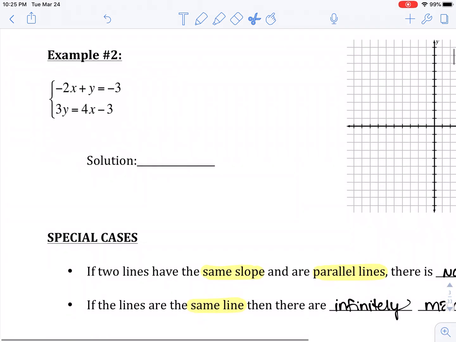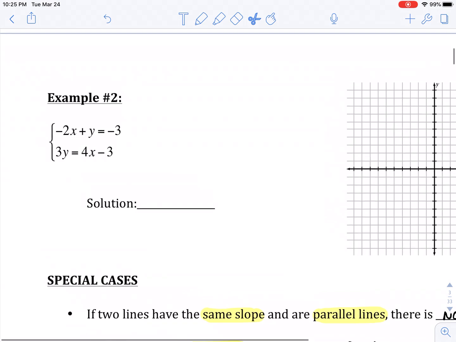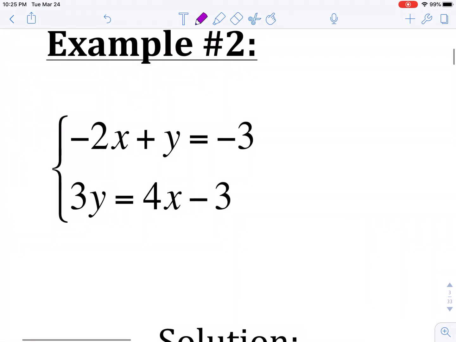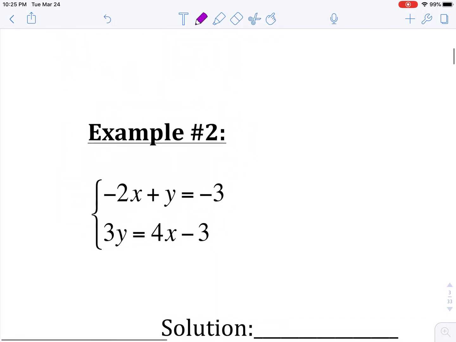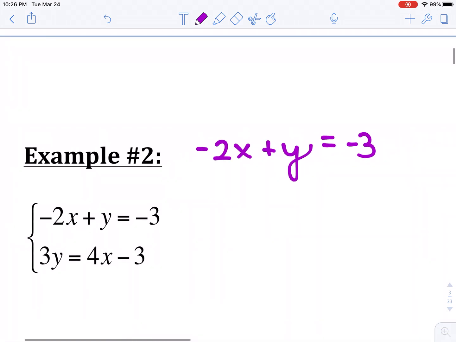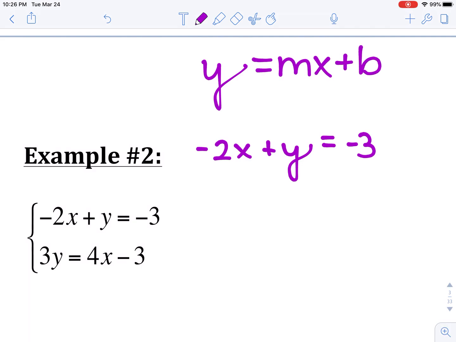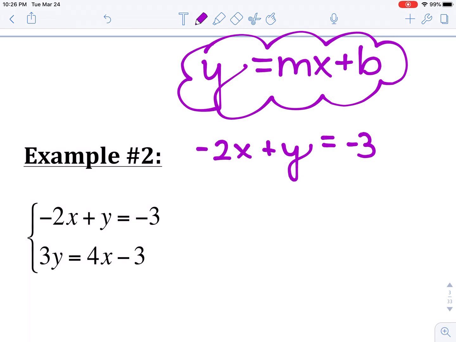Only difference, looking at example 2, okay? In this case, neither of those lines are in y equals mx plus b form to begin with. So we need to get them in that form. So looking at this first equation, remember our goal is to have the equations look like this. Y equals mx plus b, because we can simply then begin with b, move with m to graph our line.